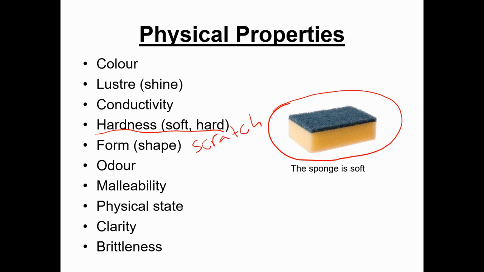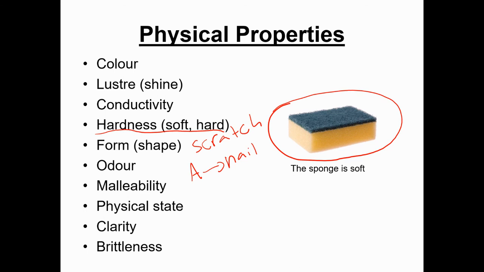So, for example, let's say that I have a substance. Let's call it substance A, and it can scratch my nail on my finger. So let's say I just try to scratch my nail with the substance and it actually leaves a scratch mark. Then I would say that A is harder than my nail.